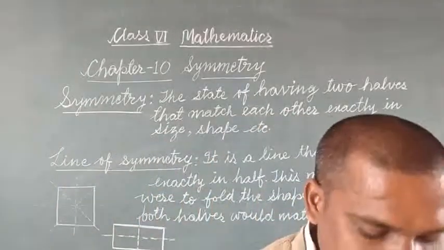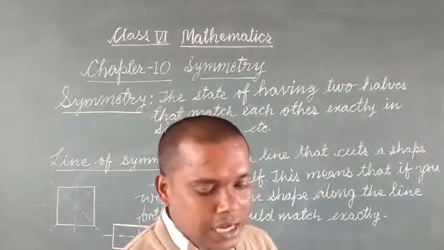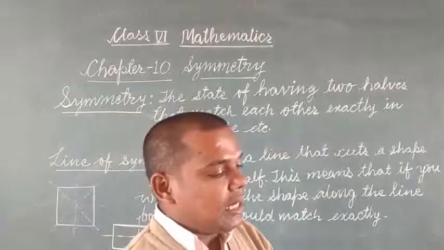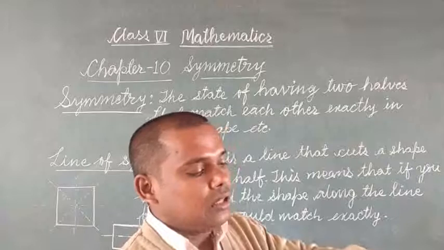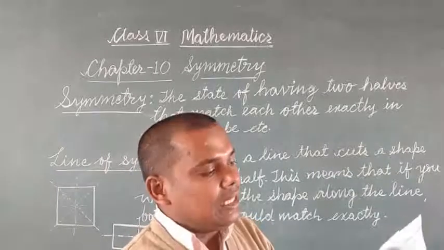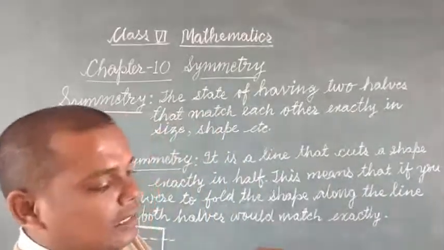Now, suppose it is an isosceles triangle, because this side and this side will be equal. So in the case of an isosceles triangle, this line will be the line of symmetry.